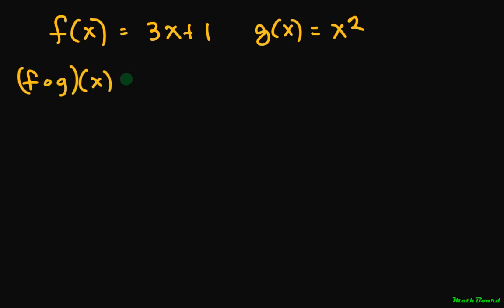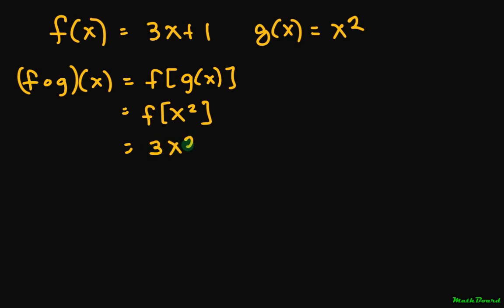So this is the same as f of g of x. Okay, so our g of x here is x squared. So find the value of f of x squared. So this means that we have to replace x by x squared. So the answer would be 3x squared plus 1.